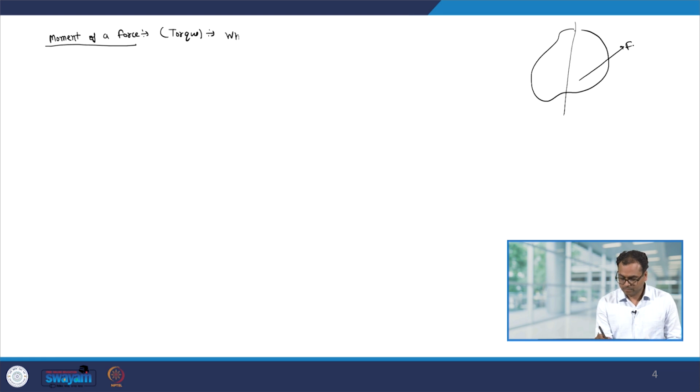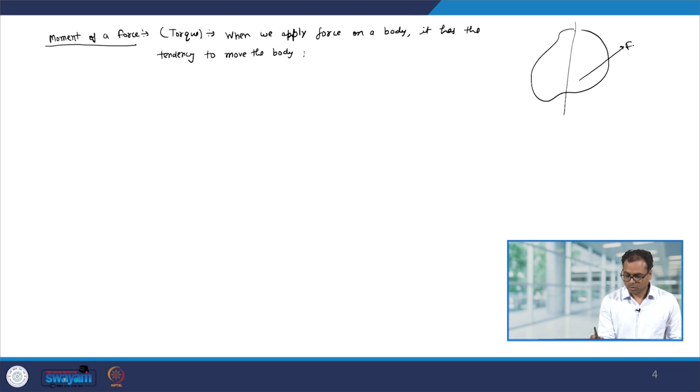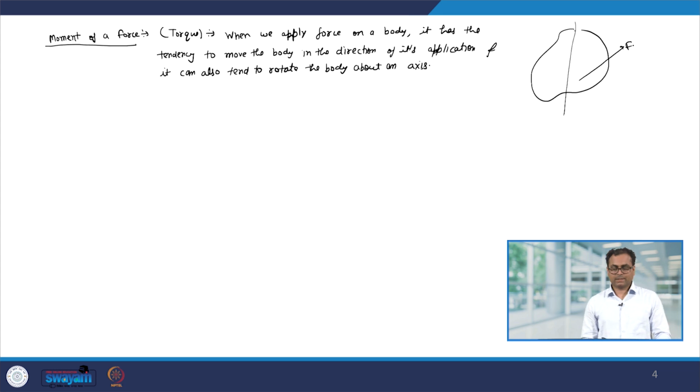So, when we apply force on a body, it has the tendency to move the body in the direction of its application, and it can also tend to rotate the body about an axis.